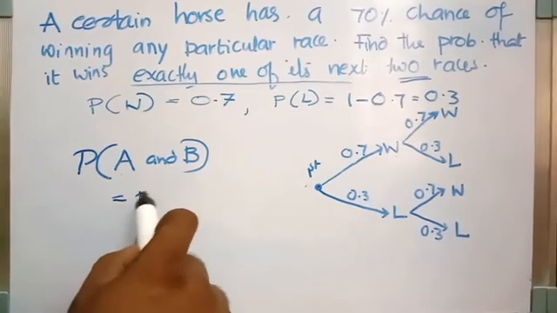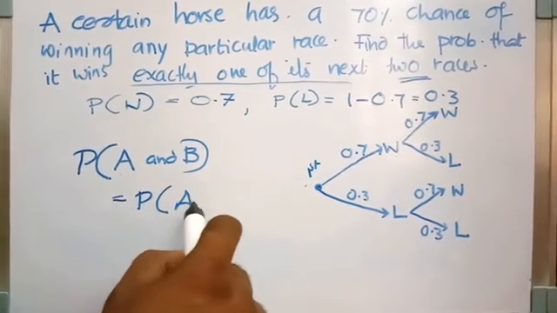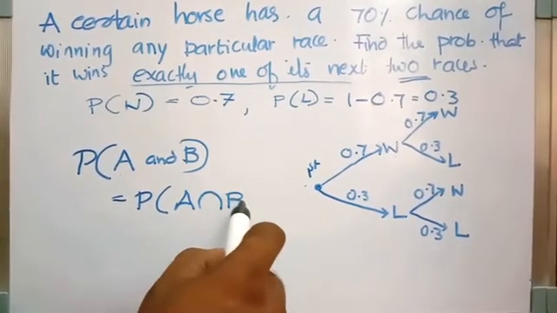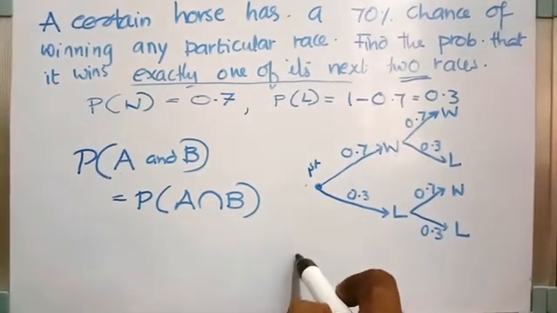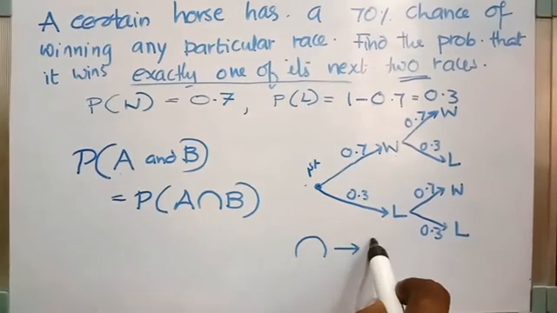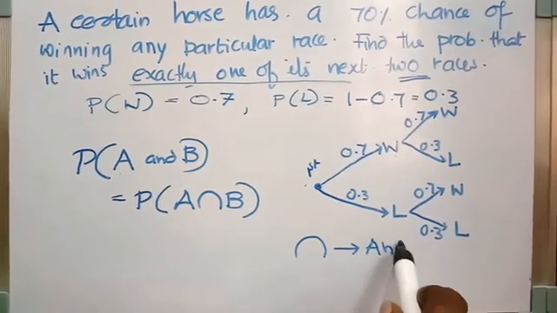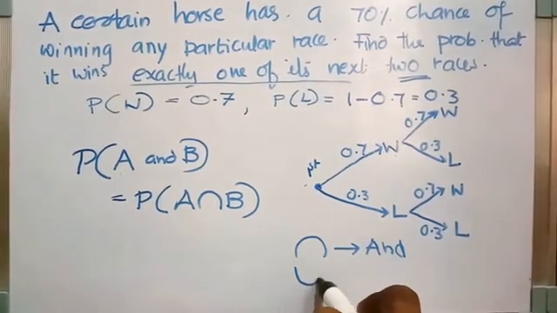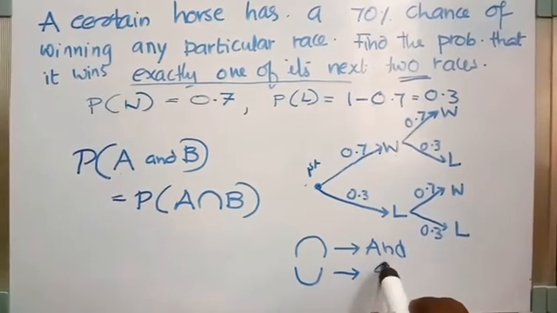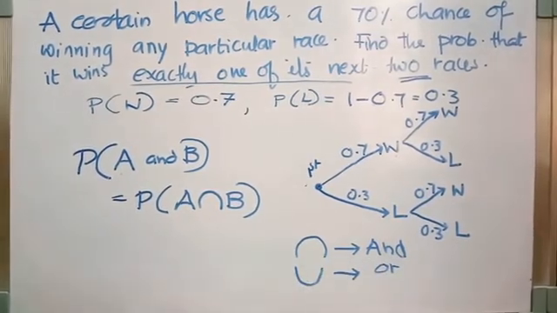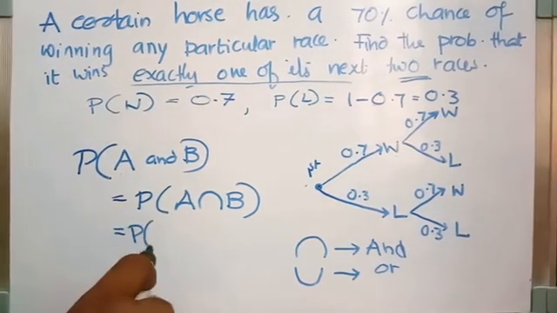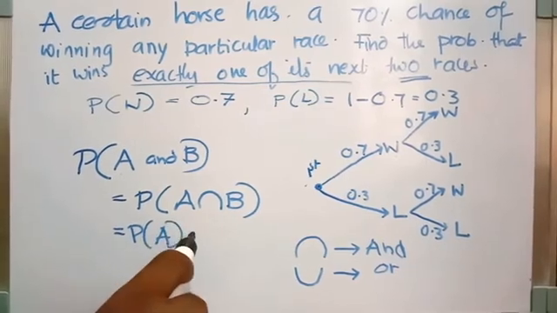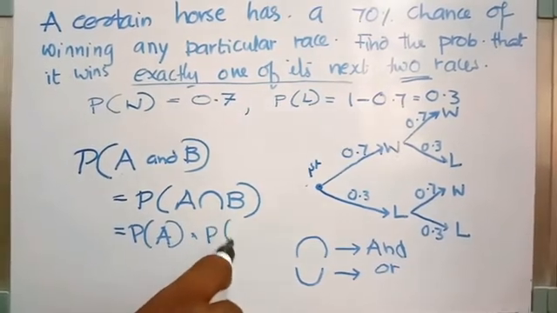This can be mentioned as probability of A intersection B. Intersection is for the connective and, union is for the connective or. We have learned the same in set theory also. It is P of A multiplied by P of B.